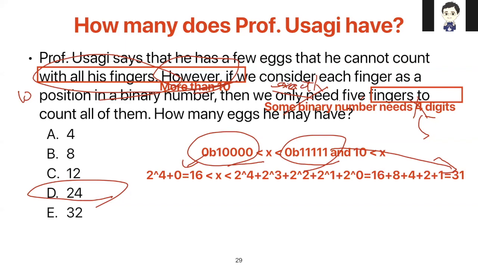But right now, we exactly need 5 fingers. If we use a binary number system, then you can use these 5 digits to express the numbers from binary 1 plus 4 zeros to all ones, right? And this is equivalent to 16, and this is equivalent to 31.